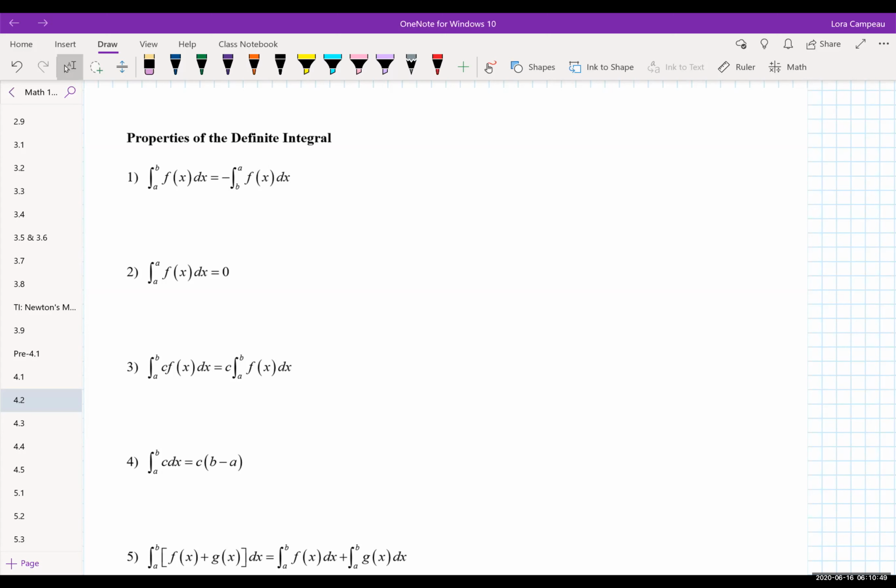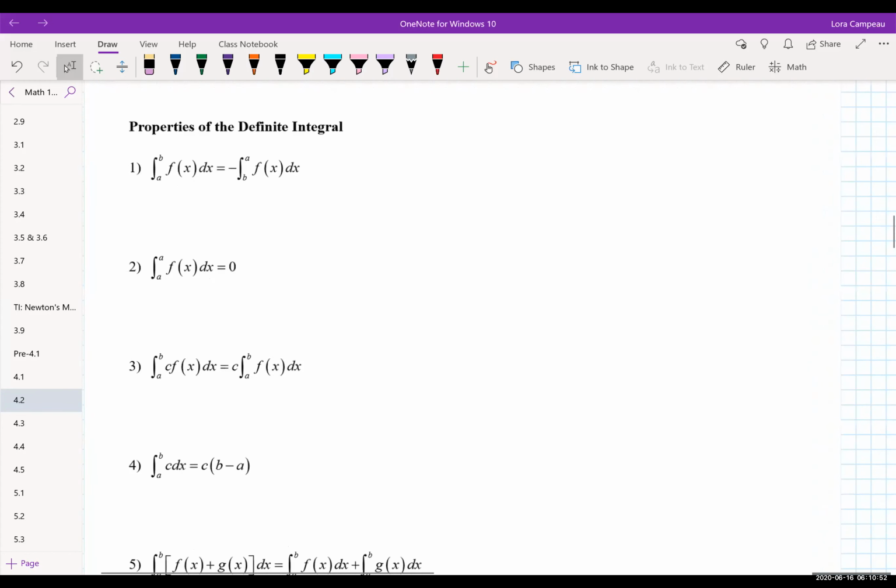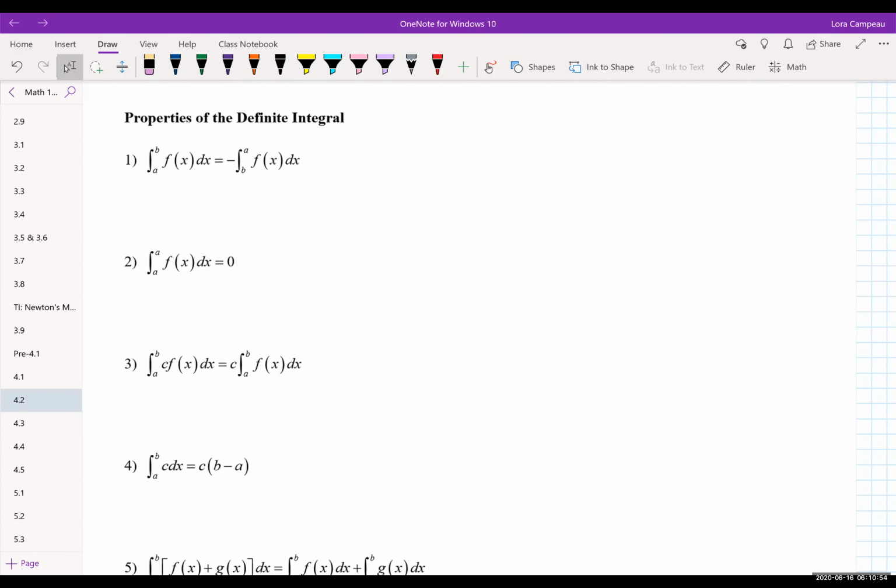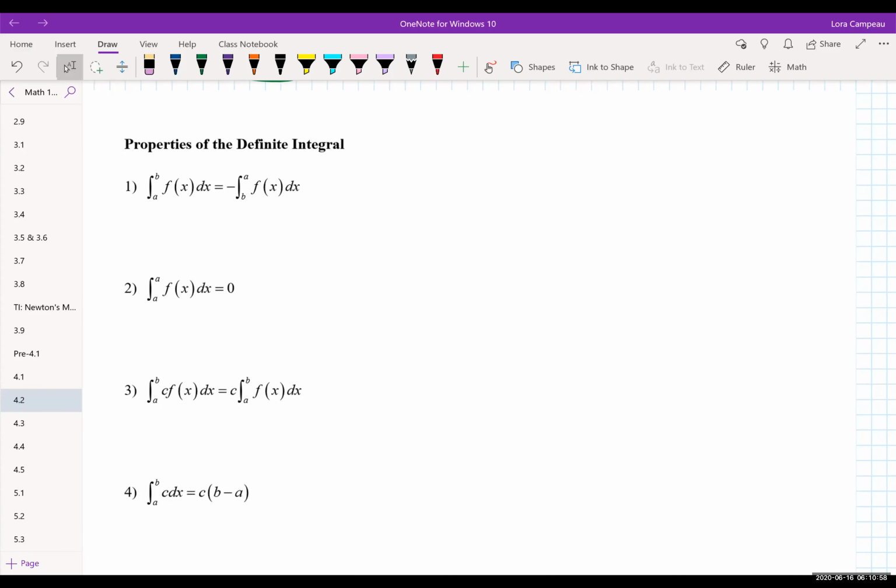So if I look at property number 1, it's showing that you can switch the order of the limits of integration. So I'll explain this in English. Switching the order of the limits of integration will change the sign of the integral.